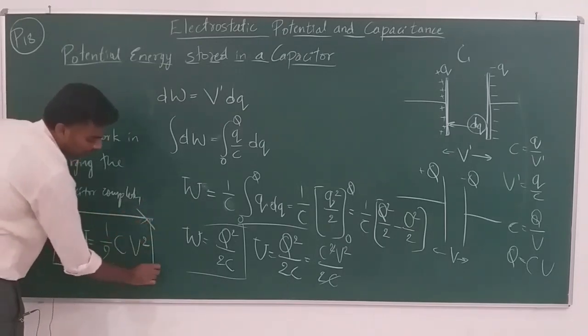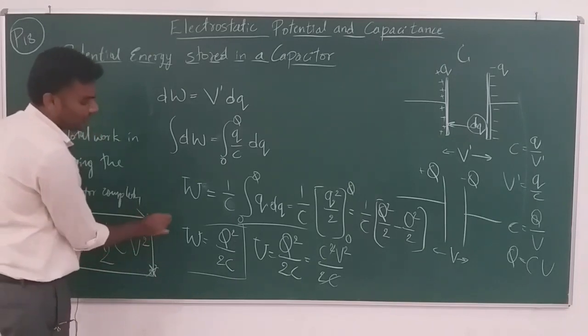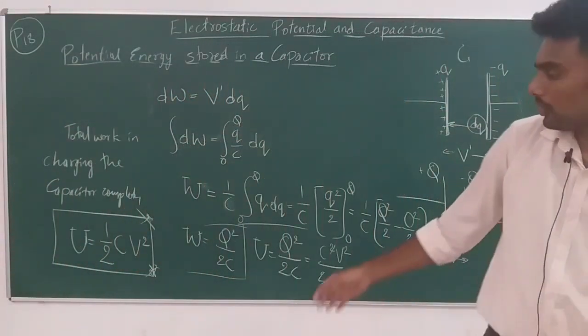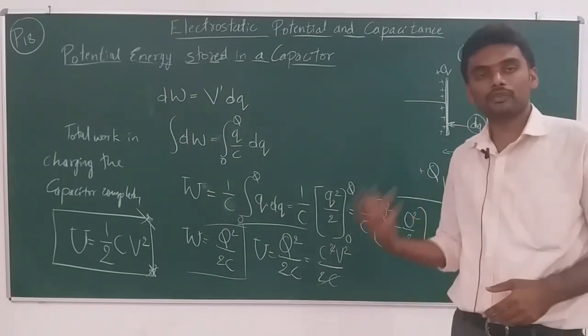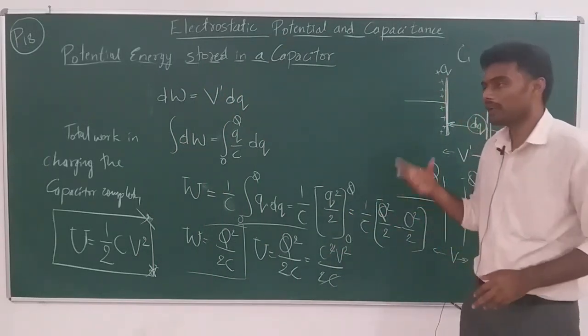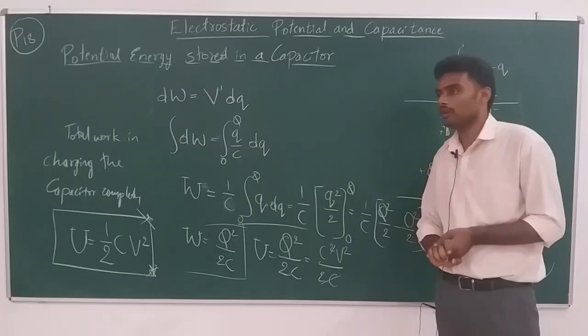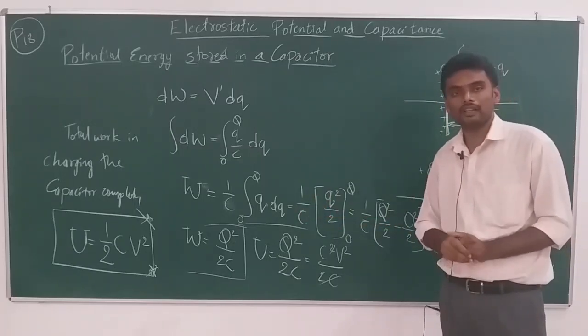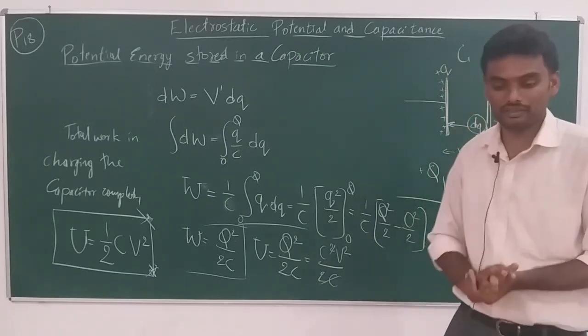This is the end of the derivation. Very simple expression. The net amount of work that I have done has been stored in the capacitor in the form of potential energy, and this is the final expression of that. Clear with this? So this ends the derivation. Thank you.